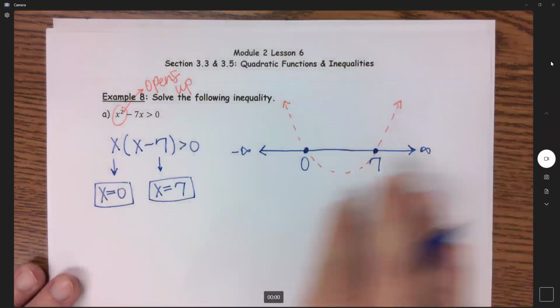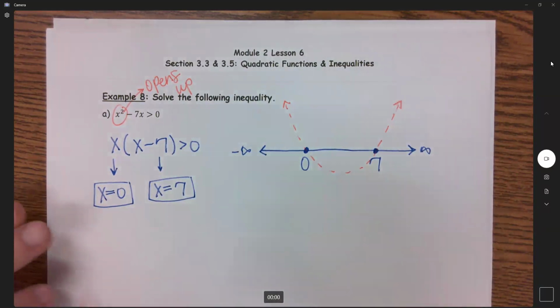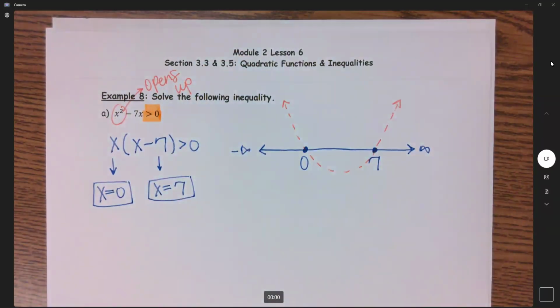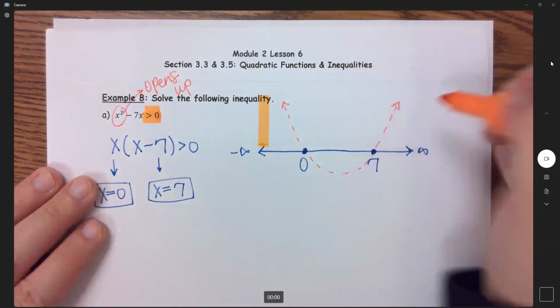So now using this graph right here, if I'm wanting to know when this graph is greater than 0, what section of this graph am I talking about? Places that are greater than 0 are going to be above this x-axis.